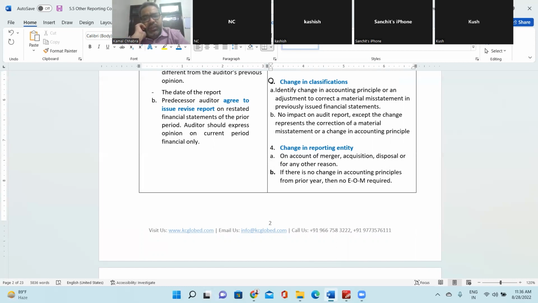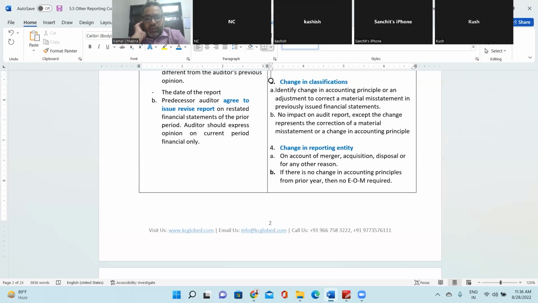Fourth one is change in the reporting entity. Change in reporting entity means there is any acquisition, any merger, a change in shareholding, or any disposal of a segment. In that scenario, it is considered a change in reporting entity. It may be on account of merger, acquisition, disposal, or any other reason.